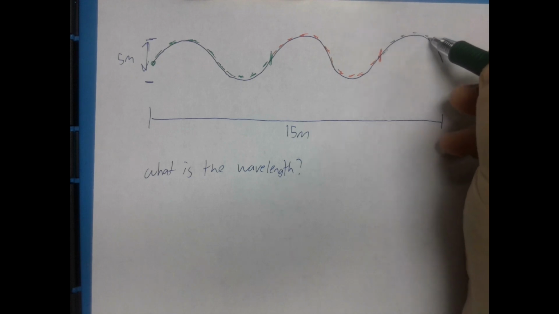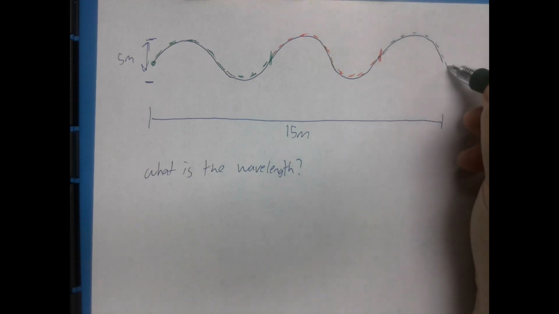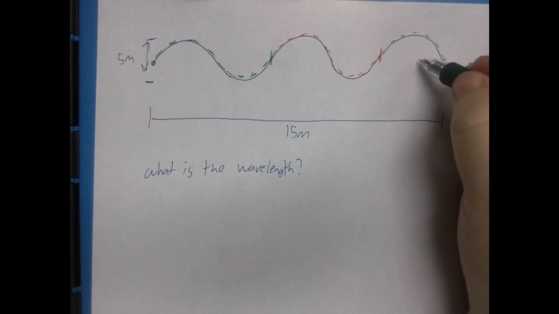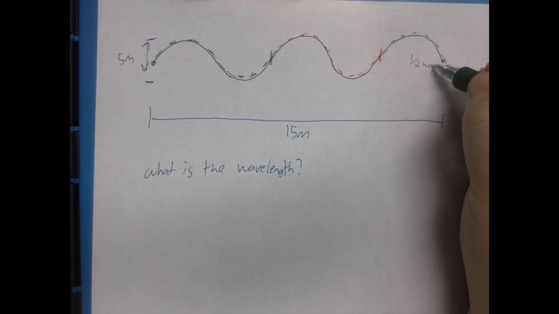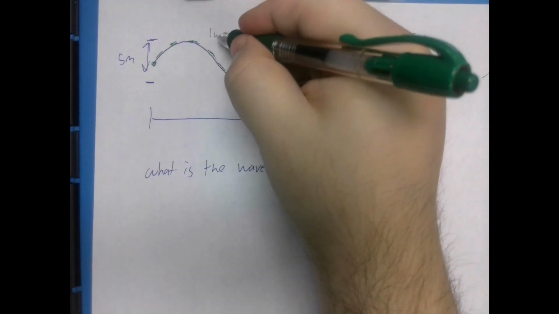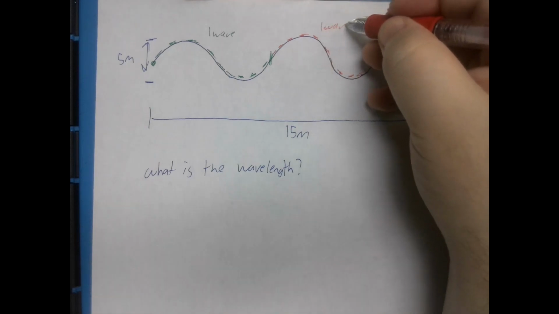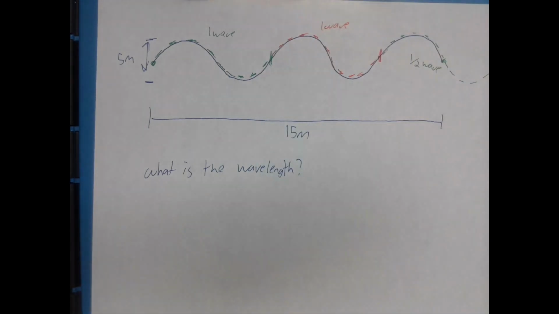And then if I were to continue drawing, this would be another wave. However, it stops right here. So that'd be half a wave. This would be one wave. And this would be another wave. So there are 2.5 waves here.